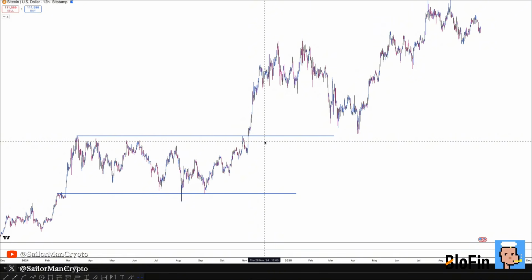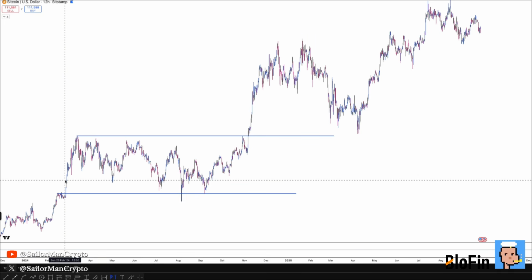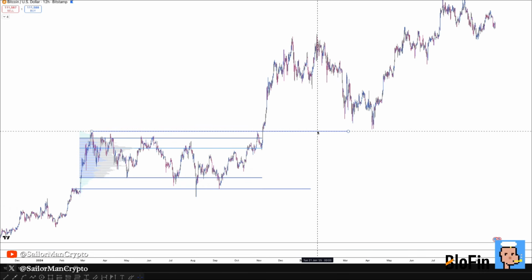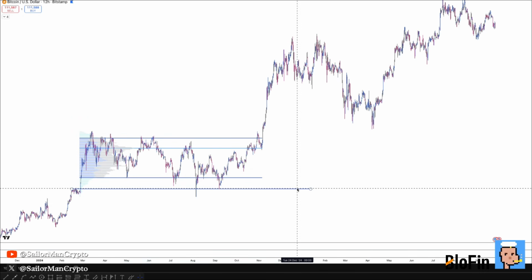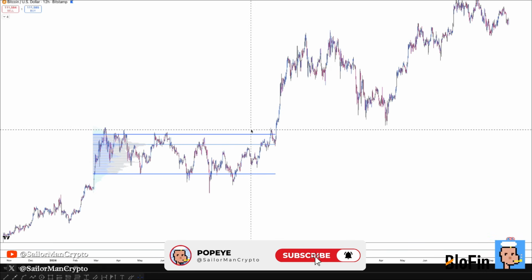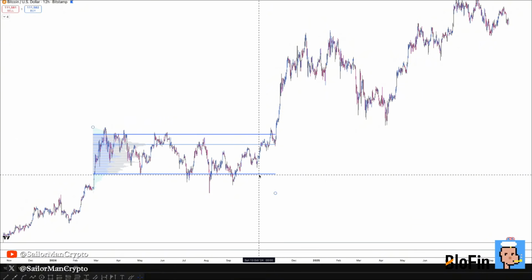There are many ways. An example, for instance, in ranges: I use a fixed or visible volume profile. Again, just for the sake of the video, using this fixed volume profile I know where the value area high is, where the value area low is, and where the point of control is.